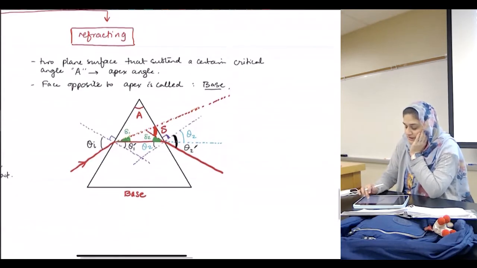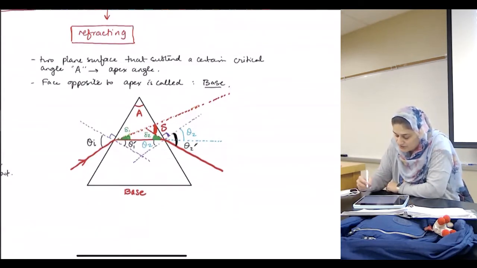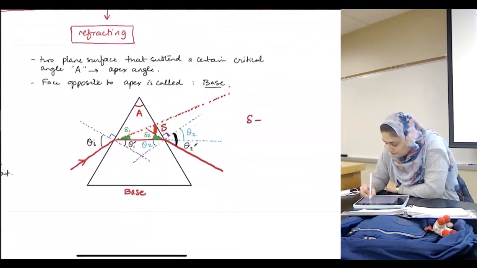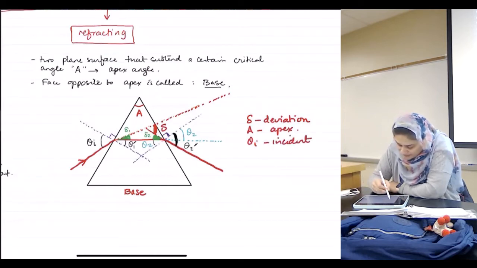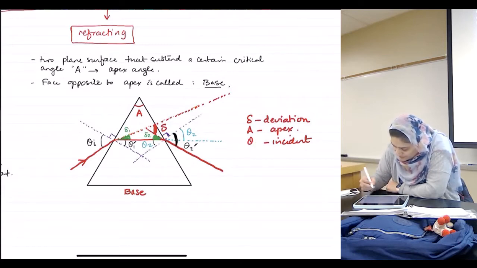Delta is the deviation. A is the apex. Theta I is the incident. I call it theta 1, just for easy figuring out what things are.